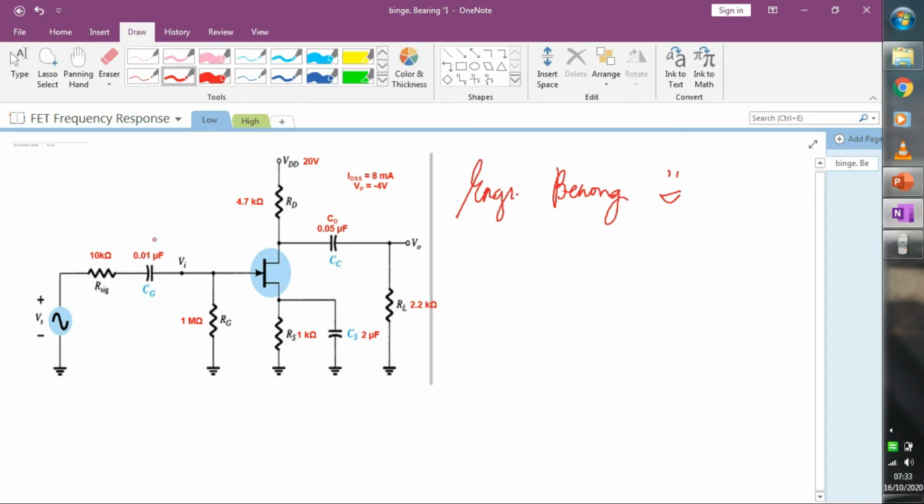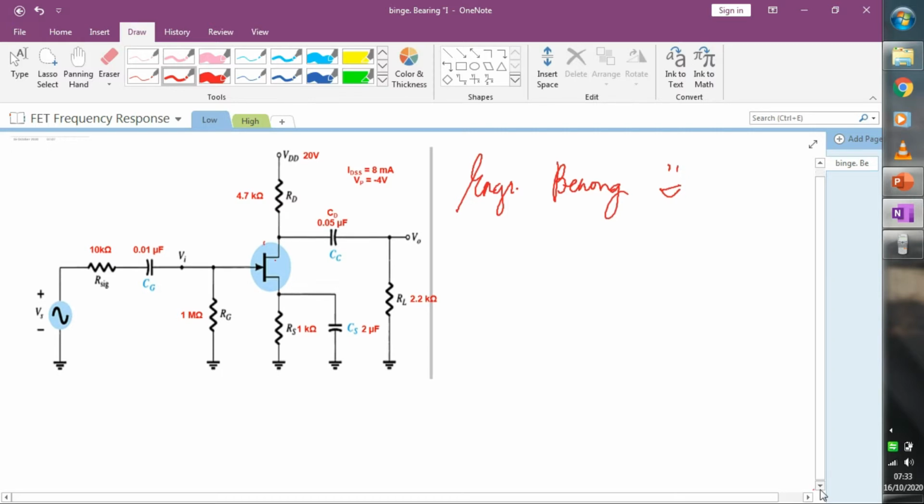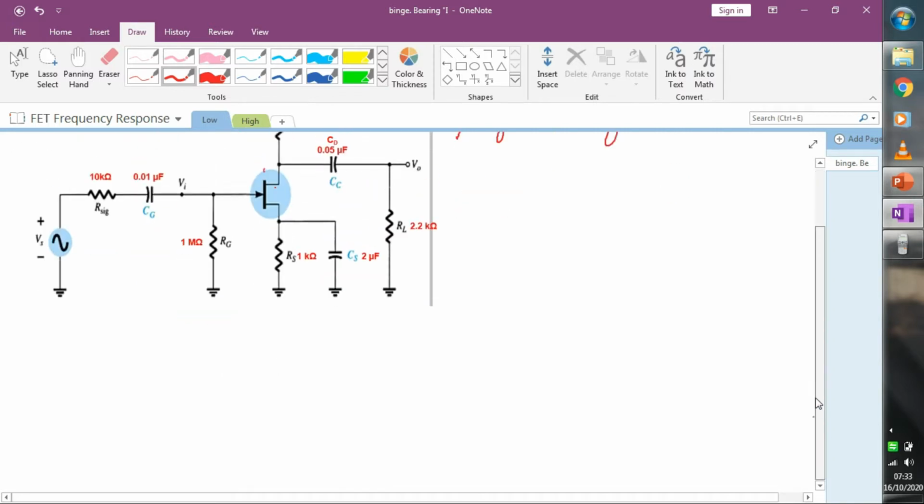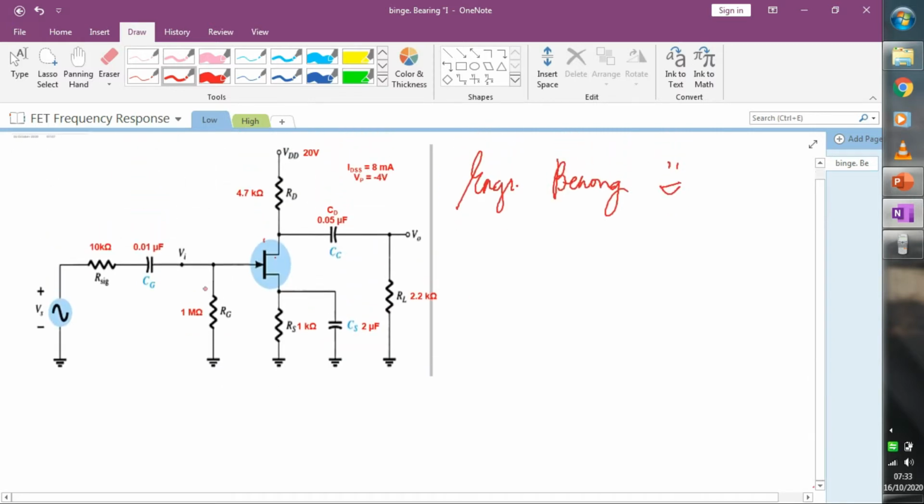At the same time, hindi mo masasolve ang isang FET kapag walang binigay na IDSS at yung value ng ating VGS off. This circuit is from Boylestad. So in Boylestad, E equal to VGS off. Okay? Pero kapag kay Floyd, hindi po yan magka-equal.